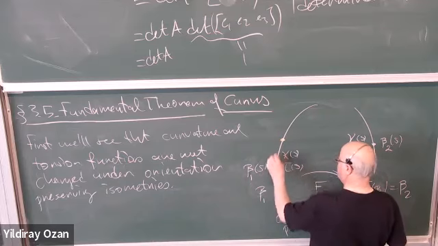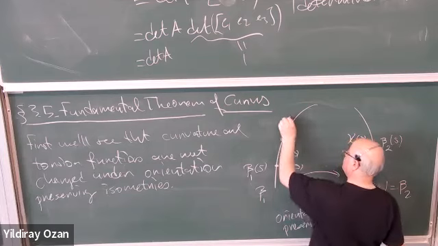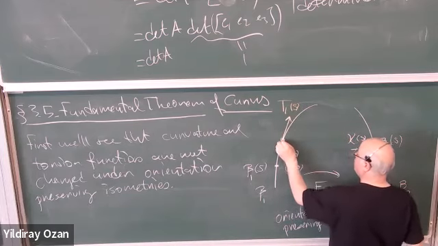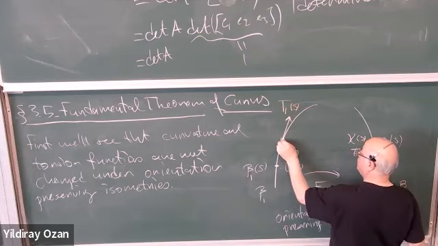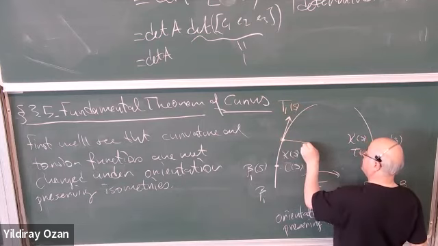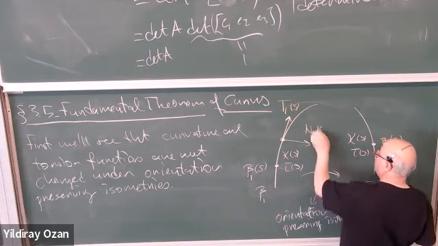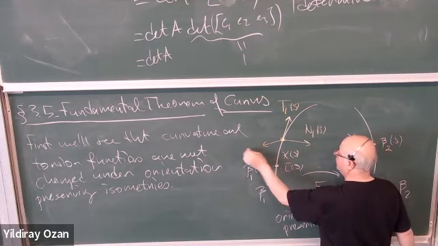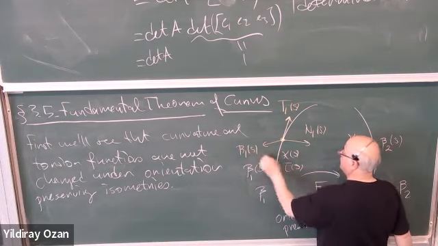Let's say T1 of s, normal vector, let's say N1 of s, and then B1 of s, right?